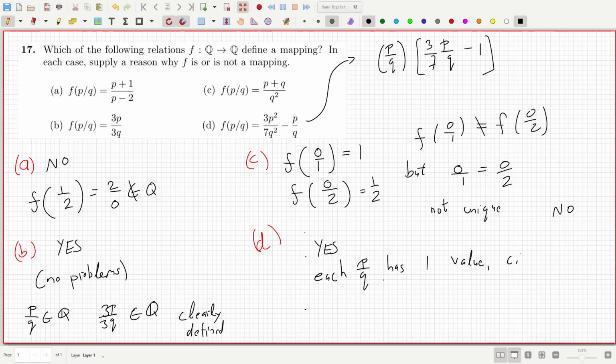It's clearly defined. So that's a yes here for this one.